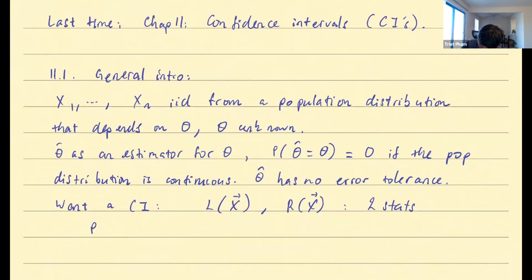the probability that your true parameter belongs to this interval will be 1 minus alpha. It could be greater or equal to, or approximately. They all work, but in the ideal case, it's equal, right?